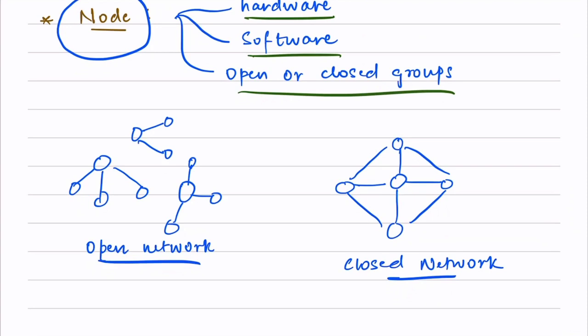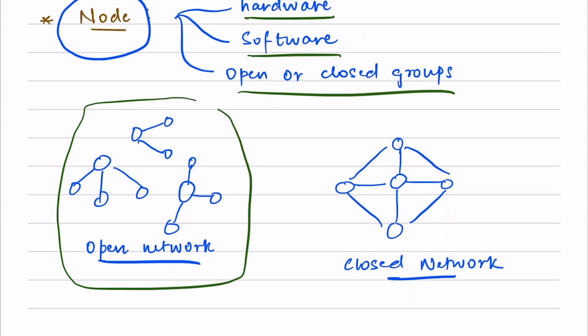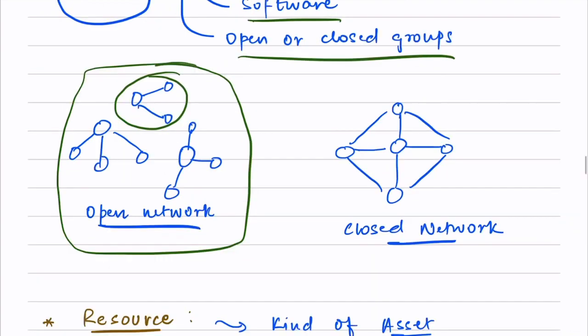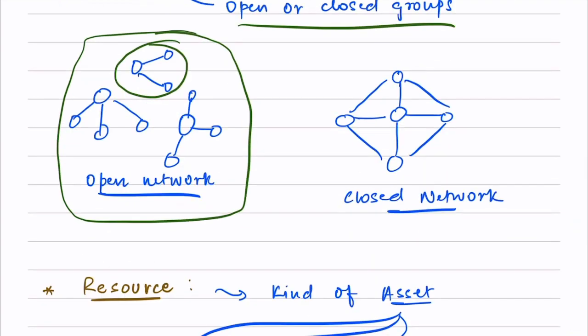So here in this particular diagram, this is an example of an open network, kind of like three are together, but these are not making a closed mesh. But here you can see every node is connected to mostly all other nodes via some other node.